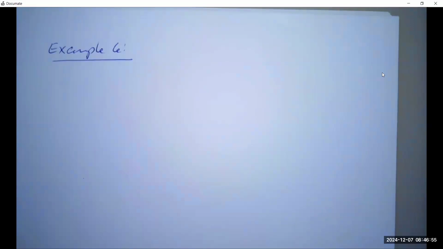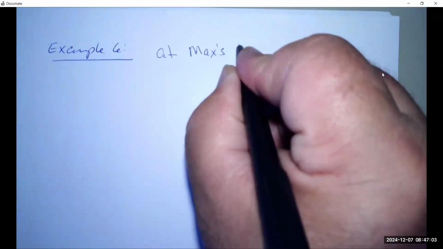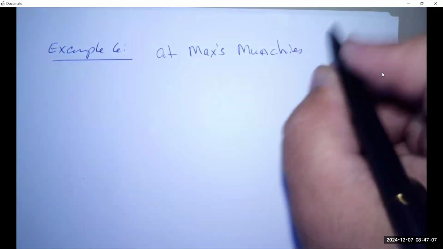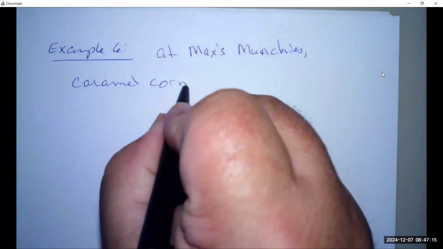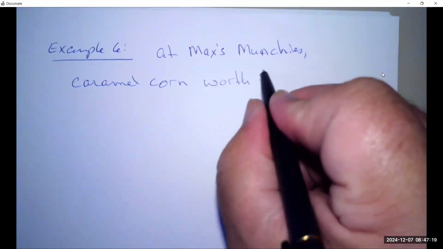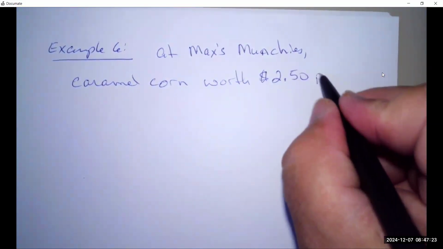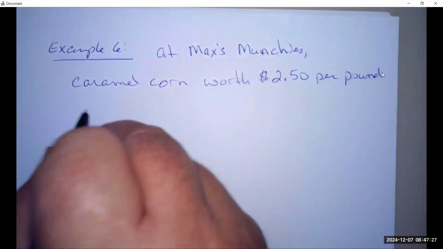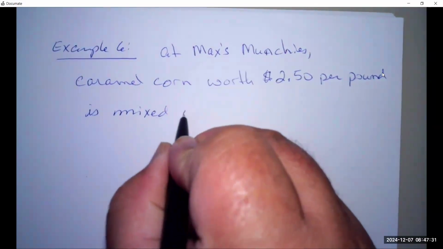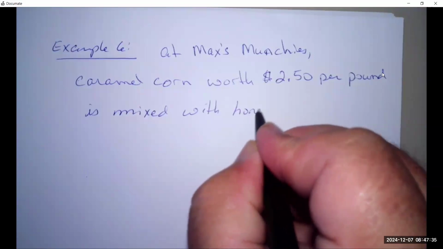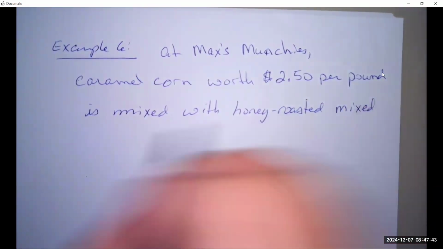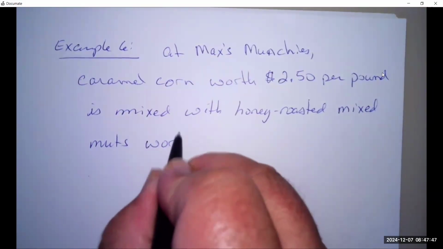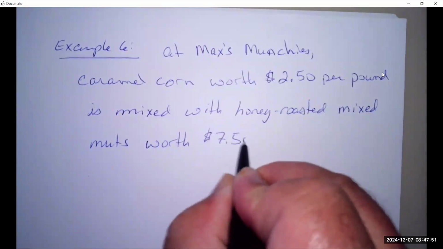Example 6. These are application problems. It says, at Max's Munchies, caramel corn worth $2.50 per pound is mixed with honey roasted mixed nuts worth $7.50 per pound.